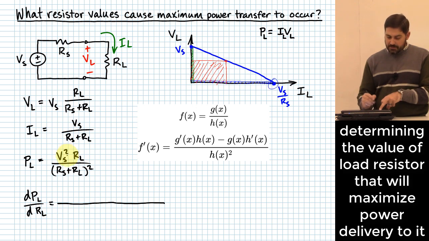So we can just leave that alone, but when we take the derivative with respect to RL, what does that do? We're left with just VS squared, right? So that's one of our terms. Then what? I took the derivative of the numerator, multiply it by what? The denominator all by itself, RS plus RL.